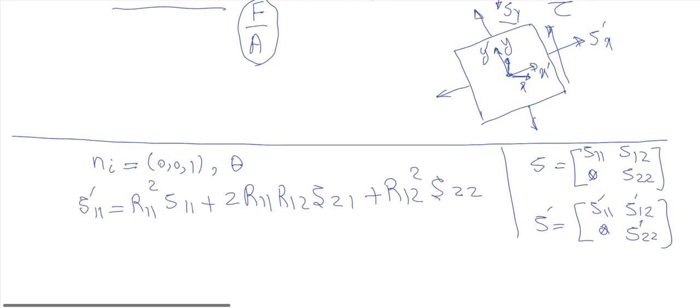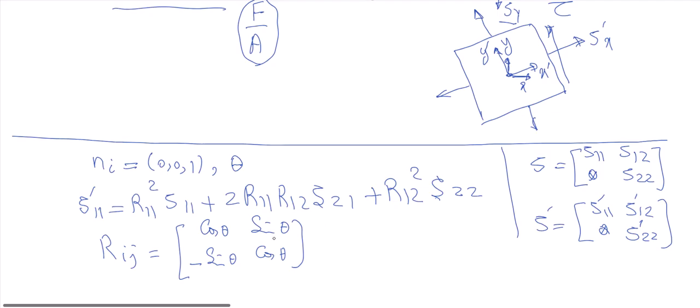So this is the S prime 1, 1 of the rotation in the X prime, Y prime coordinates. And my R, or Rij, for this case would be cosine theta, sine theta, minus sine theta, cosine theta. We had it before.